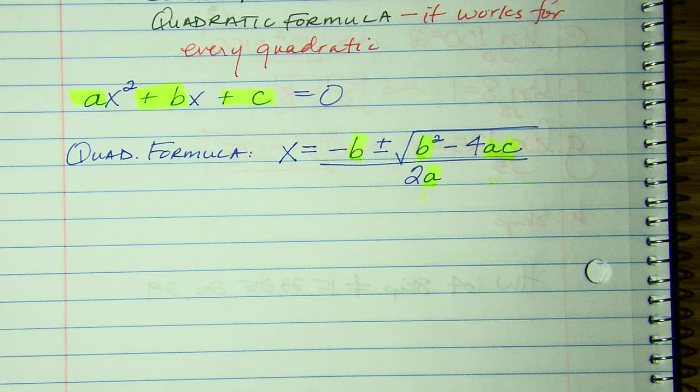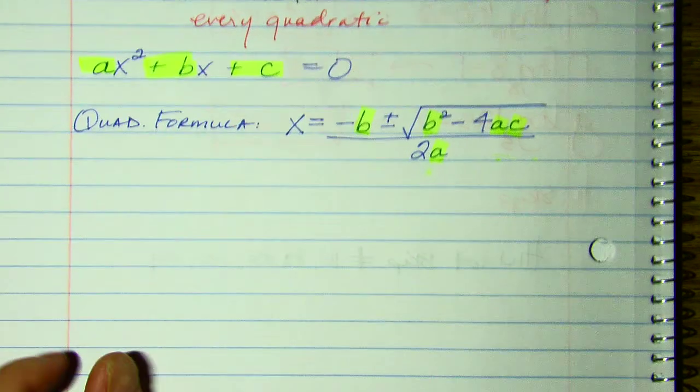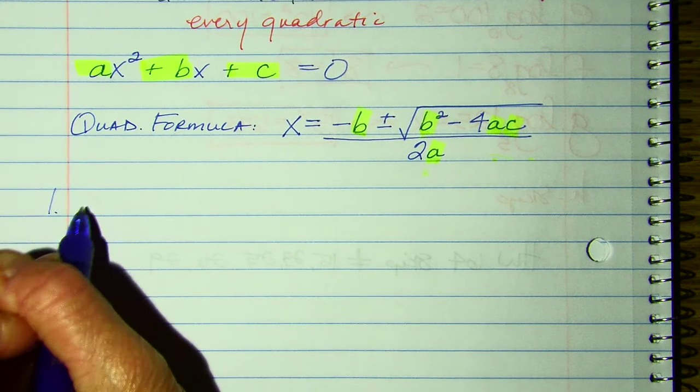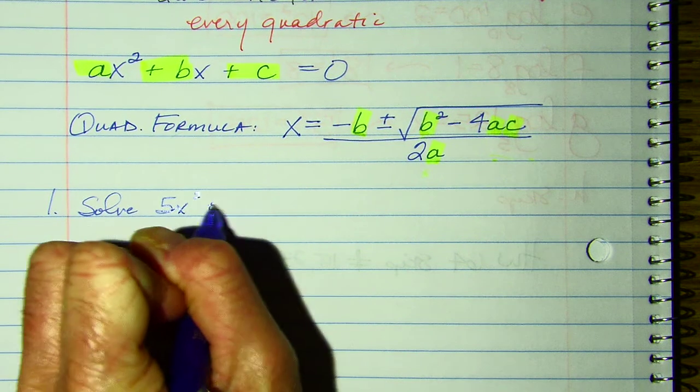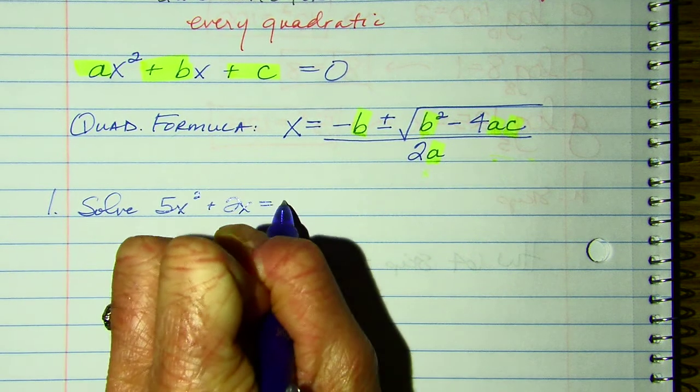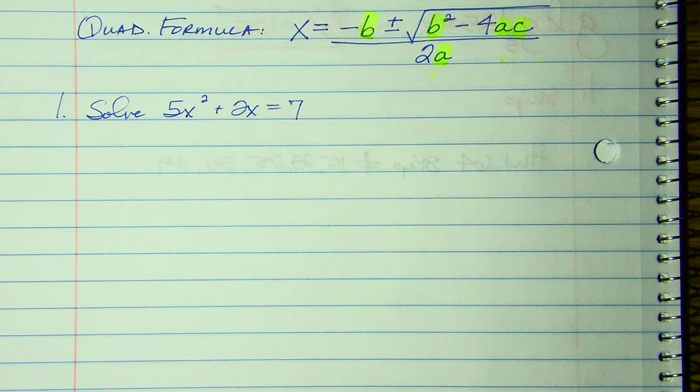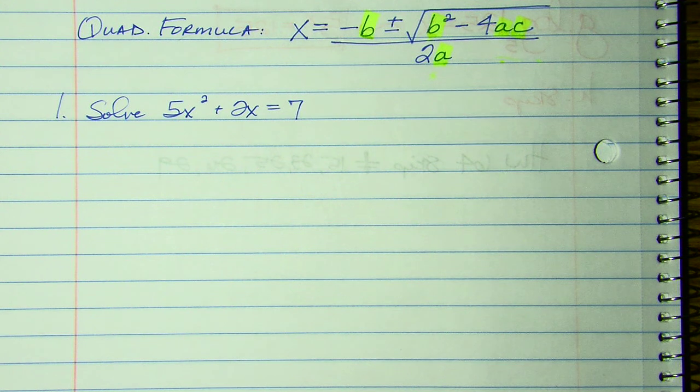So we're going to practice using this method. Number 1, solve 5x squared plus 2x equals 7. Now, first and foremost, we could factor this. But based on what I've seen, not everyone loves factoring, and you do have to think about a lot of number sense. So we're going to do the quadratic formula.